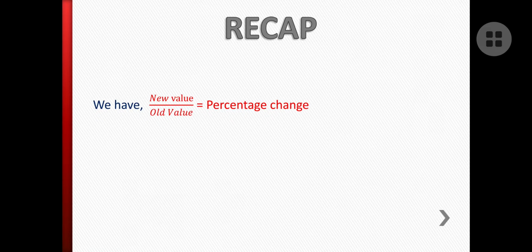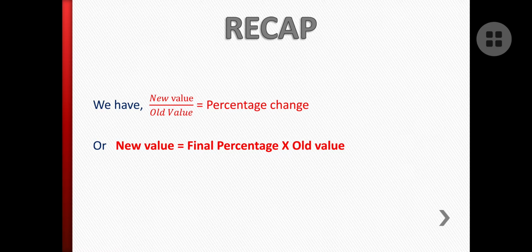I took this topic in the previous session and I told that reverse percentage is just the opposite of percentage change. What we learned about percentage change, we got the general formula: new value divided by old value gives the percentage change, or we can say the new value is the final percentage.